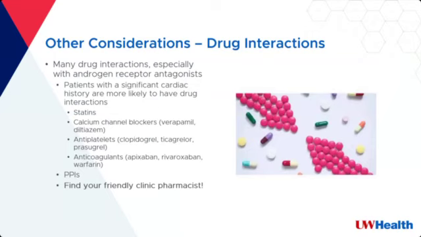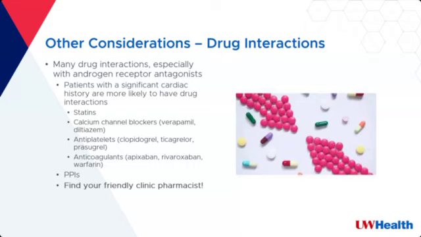A couple of things to consider in these patients, and we've covered this a little bit. Drug interactions are big, particularly with our second generation androgen receptor antagonists like apalutamide and enzalutamide. Of note, these are our older male patients, so a lot of these patients can have a cardiac history and be on a lot of the medications that we worry about interactions with. So things like statins, calcium channel blockers, antiplatelets, anticoagulants, PPIs, and many more.